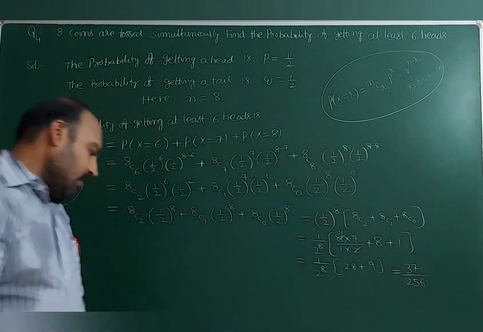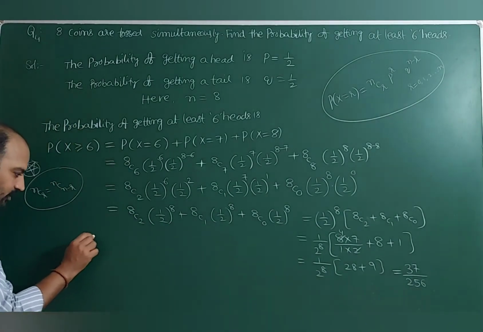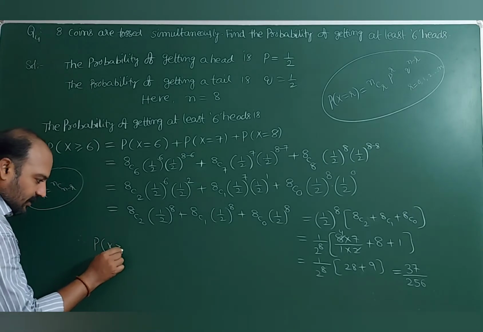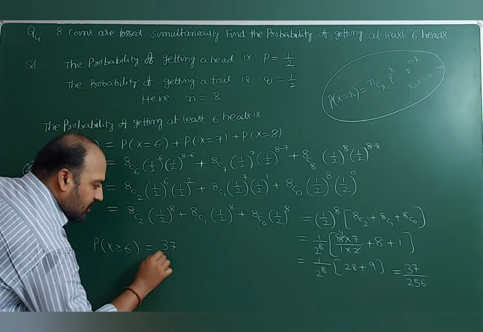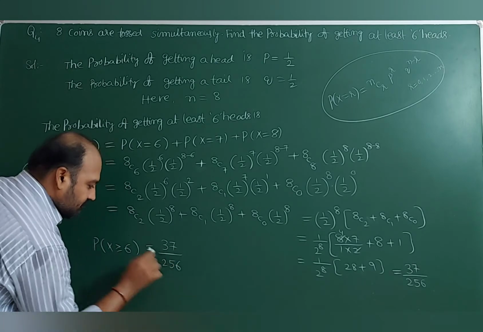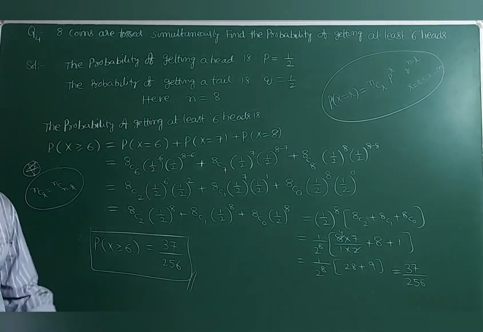So therefore the probability, here I am writing the answer: P of x is greater than or equal to 6 is equal to 37 divided by 256. I hope you people understand, students. So we'll move on to the next question.